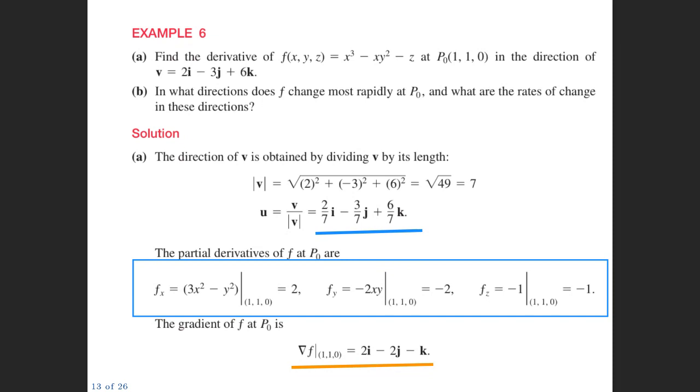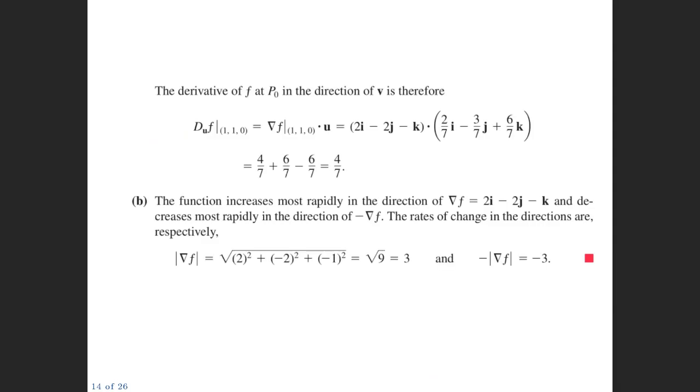So in the gradient vector, the first number is 2, the second number is minus 2, and the third number is minus 1. Then we want to calculate the directional derivative of f at the point p0 in the direction v.